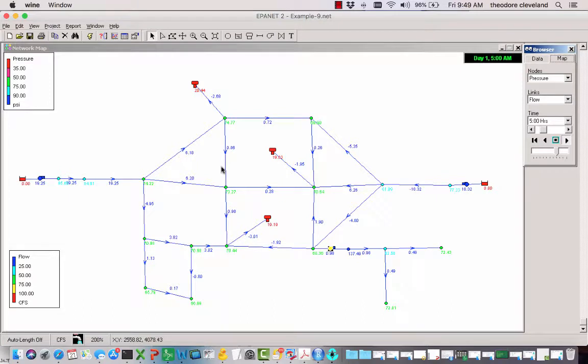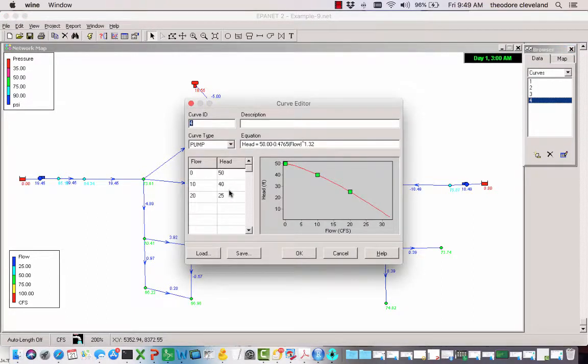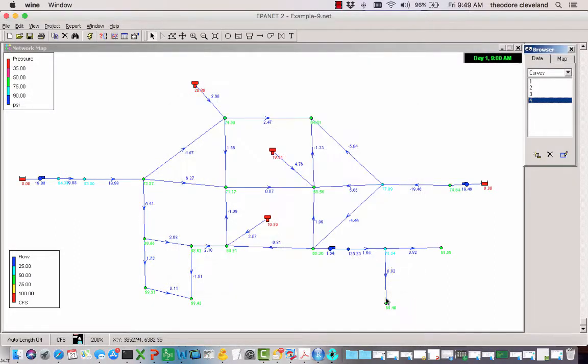We've got a little bit low down there, so we probably just need to get our pump to be a little bit more, say it's something like that.